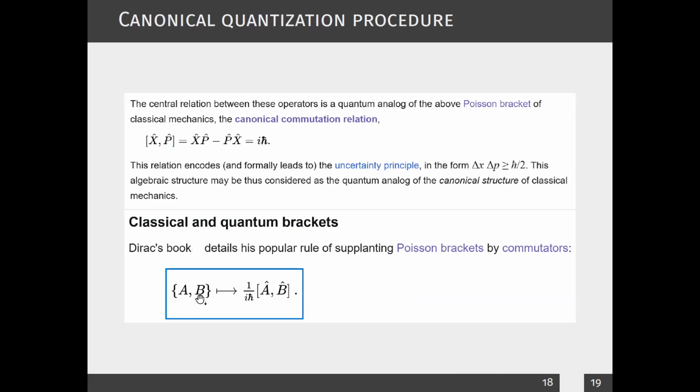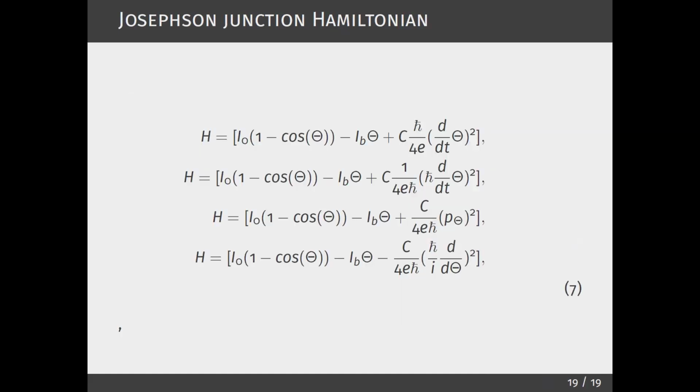Once you have the Poisson bracket between A and B, functions or operators, then you replace it with 1 over i h bar times the commutator between A and B, and that's it. So you get equations of motion in the quantum case, right? All right, so let us do it. This is a very short slide on how to think. This will be prolonged later, on the procedures of thinking in that direction.